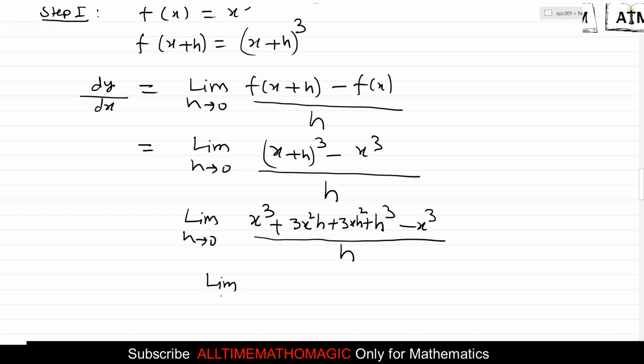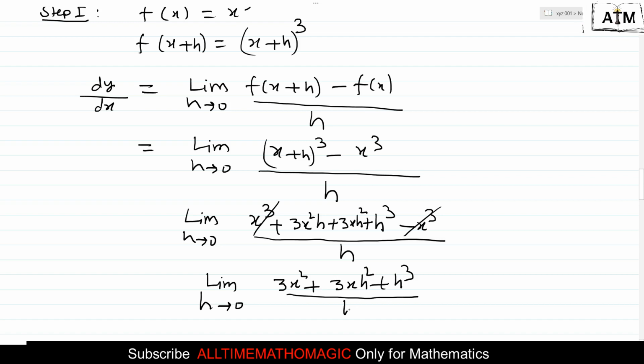So limit h tending to 0, x cube gets cancelled. We get 3x square h plus 3x h square plus h cube upon h.